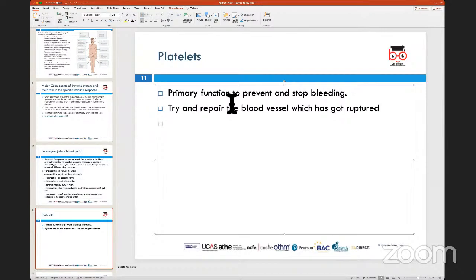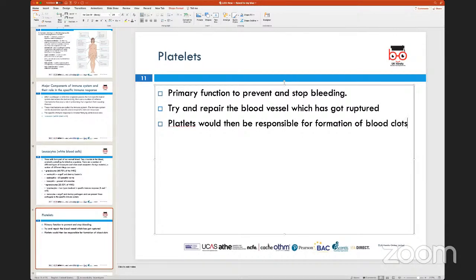Normally, they would quickly come in, start multiplying, and start producing cells which will then form a clot. Platelets are responsible for the formation of blood clots at the site of injury.